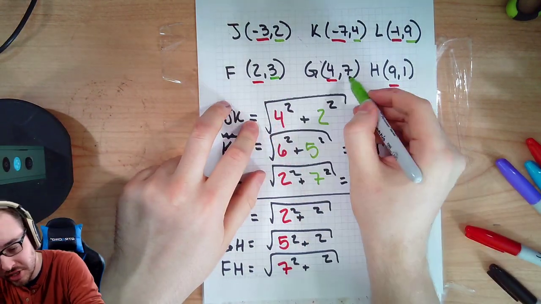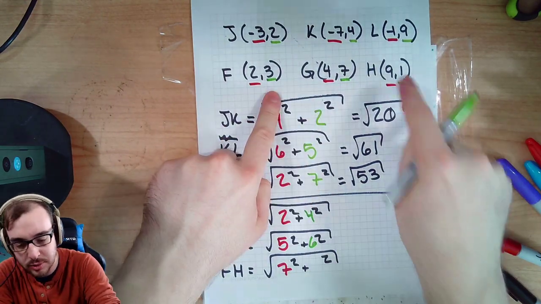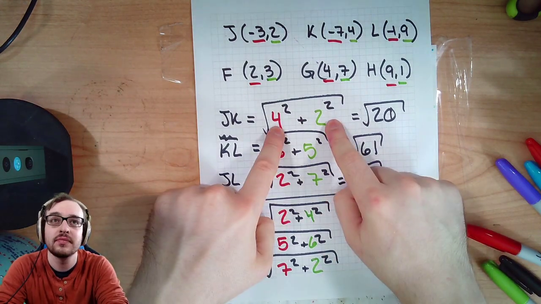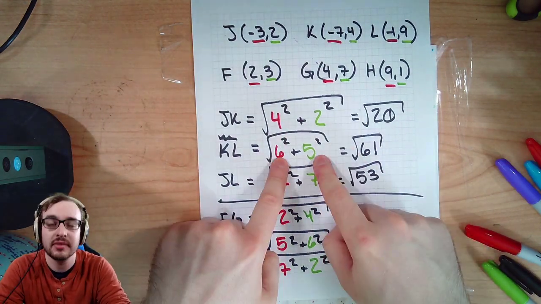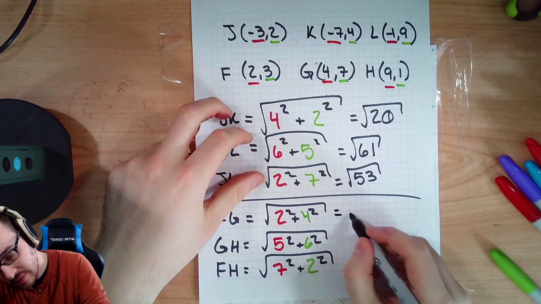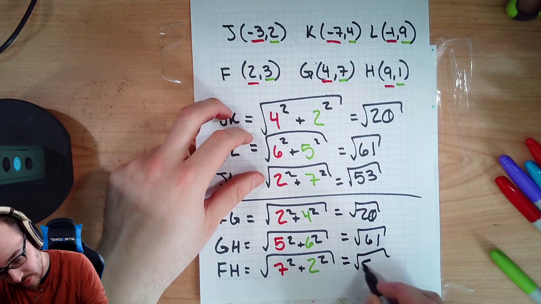The distance between 3 and 7 is 4. The distance between 7 and 1 is 6. The distance between 3 and 1 is 2. And if you look, 4 squared, 2 squared, 5 squared, 6 squared, 7 squared, 2 squared. They're going to be the same, aren't they? And in the same order.